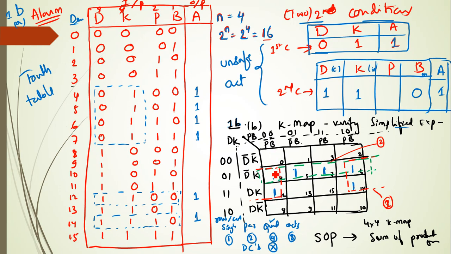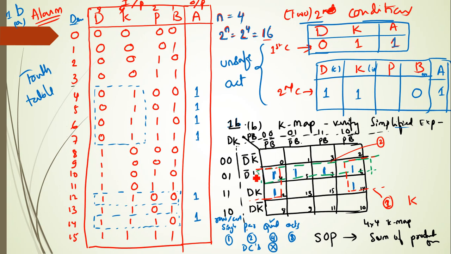In these two rows, D bar and D cancel each other. Only K remains. You just put it as K here.